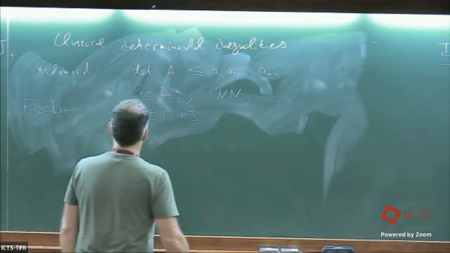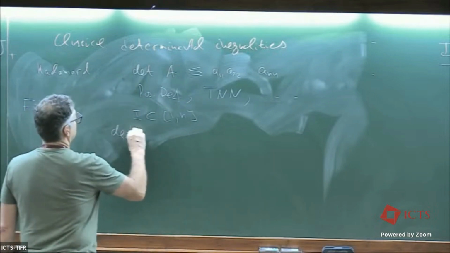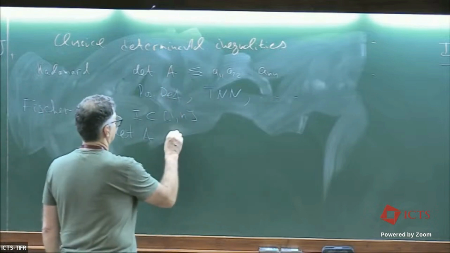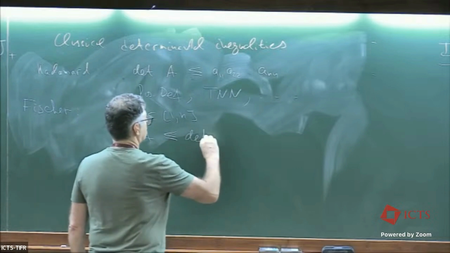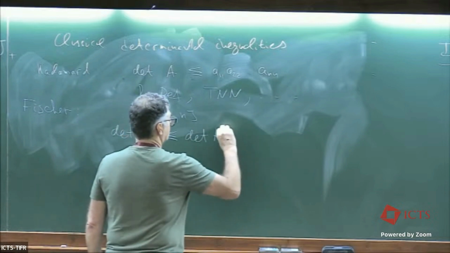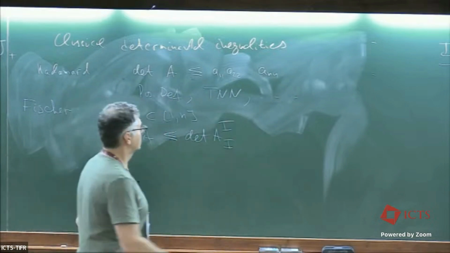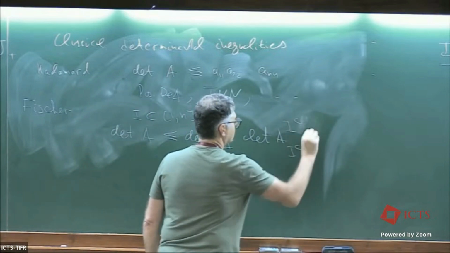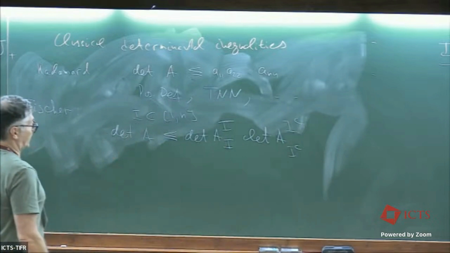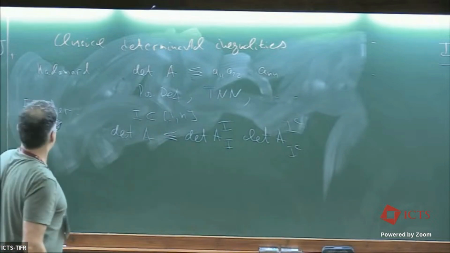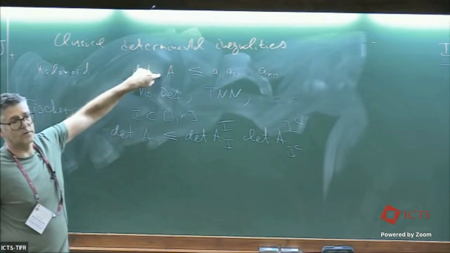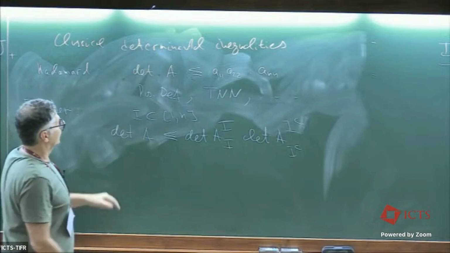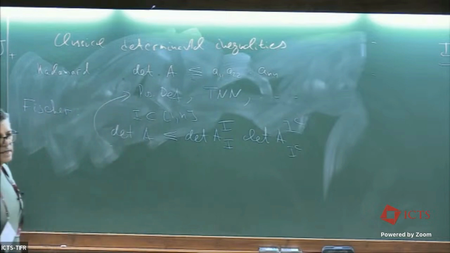Then the determinant of A is less or equal than the determinant of the principal minor A_I times the determinant of A of the complement of I. So this one will follow from that one by induction eventually, right? Again, valid for all these cases.